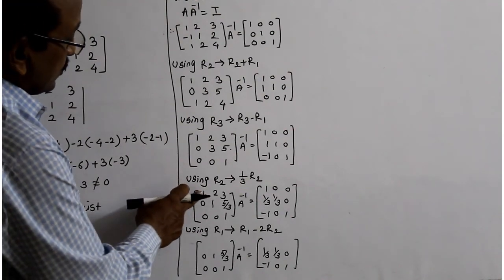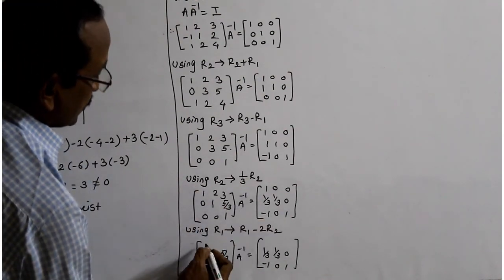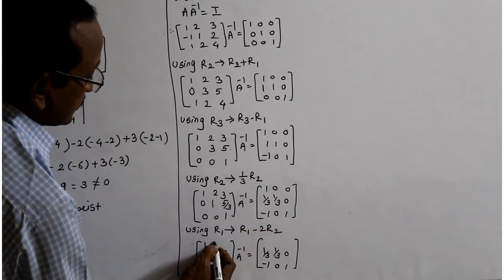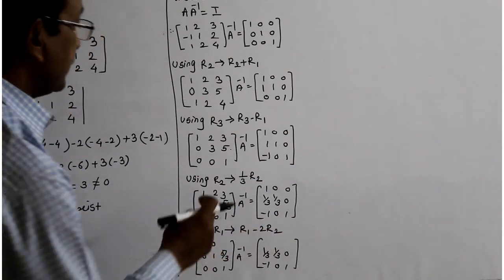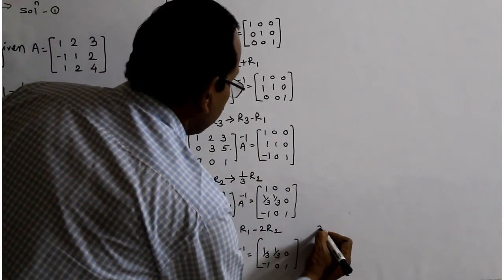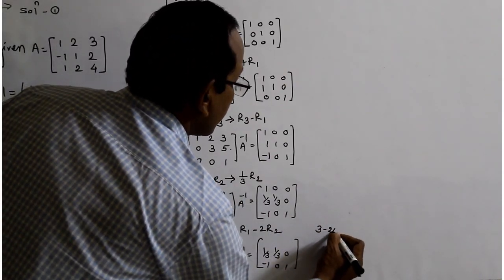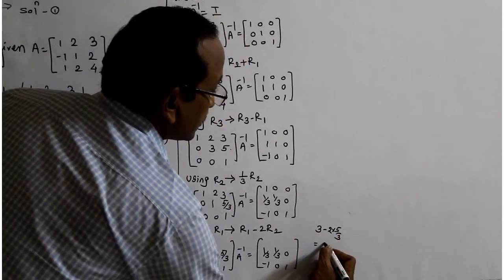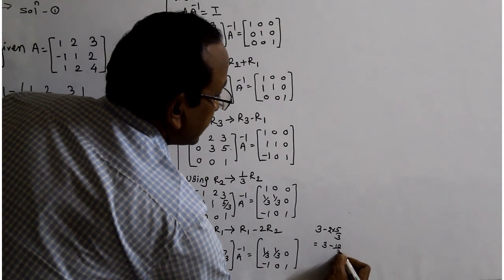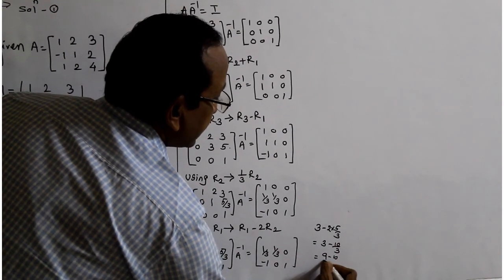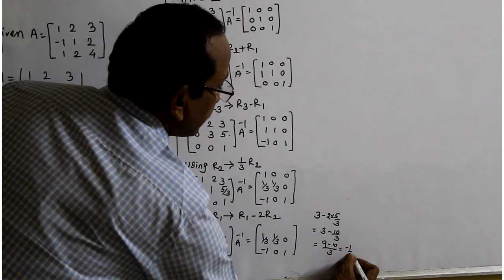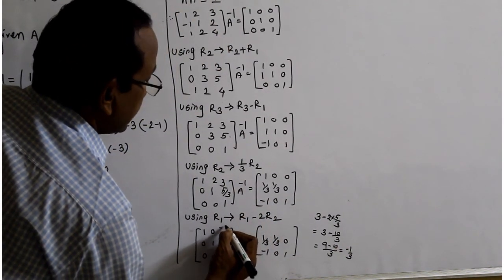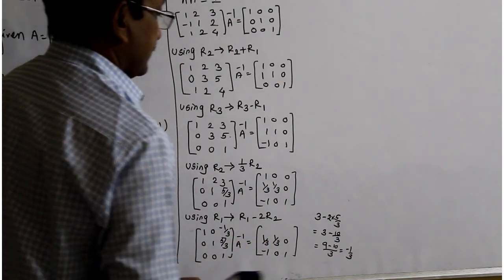So now operate 1 minus 2 into 0, it is 1. Then 2 minus 2 into 1, which is 0. Then here R1 is 3 minus 2 times 5 by 3, it is equal to 3 minus 10 by 3, means 9 minus 10 by 3, which is minus 1 by 3 here.